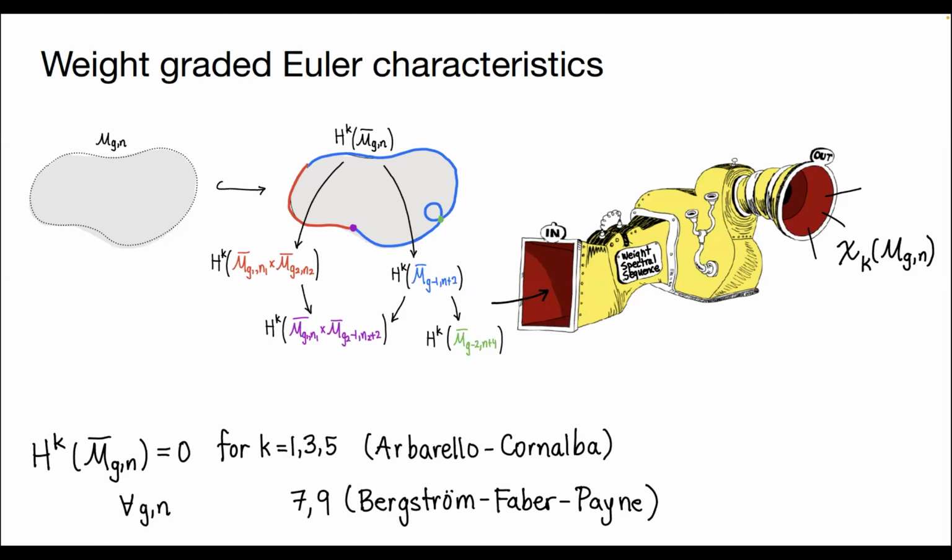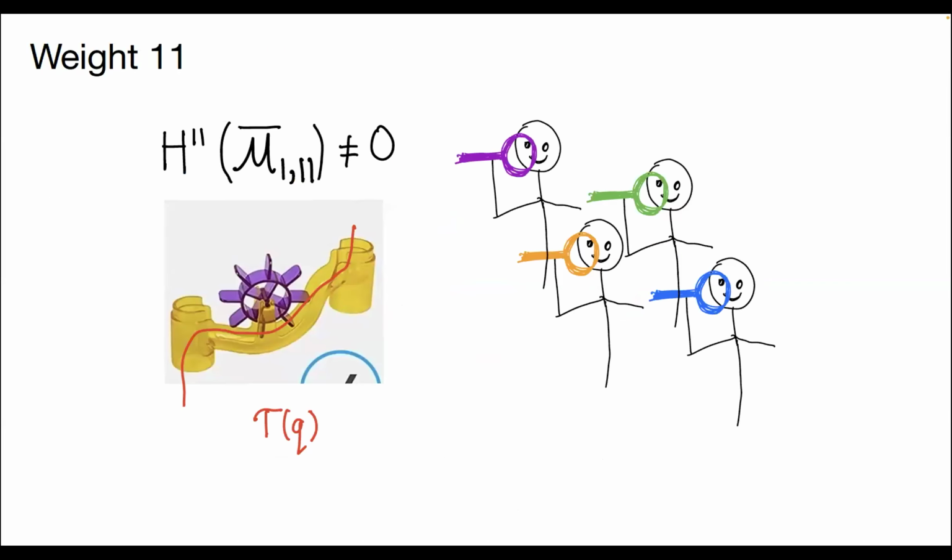And if you plug 0 into this machine, then 0 is the only thing that can come out. So if we are looking for an odd weight Euler characteristic that's non-vanishing, the first place that we have any hope of finding it is in weight 11.